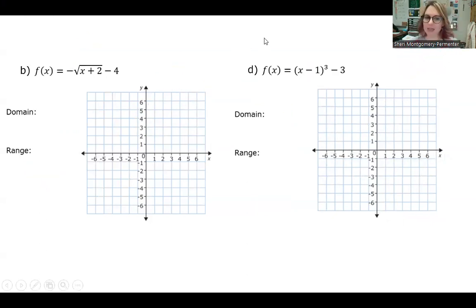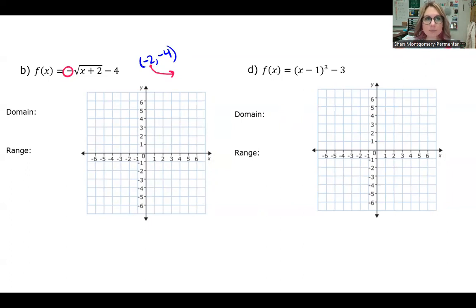So for B, first thing I notice, we have a negative. So when I'm negative, I need to remember that that basic shape needs to go like that. My point for this one has to be opposite inside the grouping. So -2, -4.